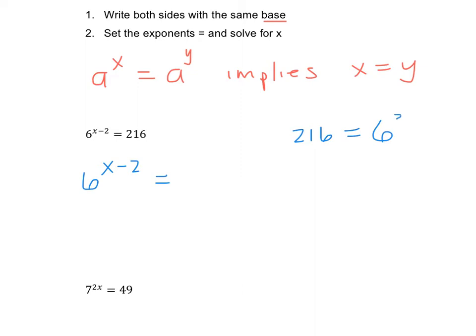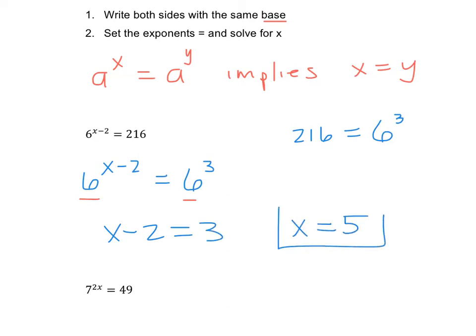So that means that 6 to the third equals 216. So we can replace 216 with 6 to the third. All right, we now have the same base on both sides, so we can set the exponents equal. We get x minus 2 equals 3. Add 2 to both sides, and we get x equals 5.